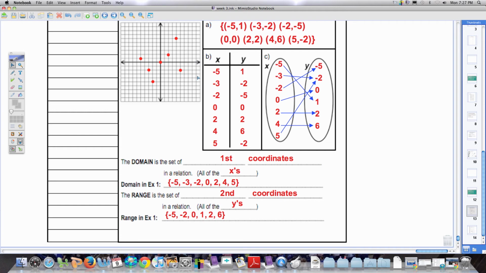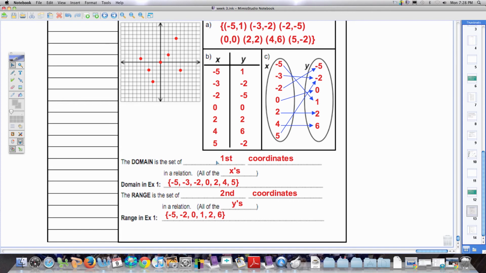So how do you represent that? Again, with our brackets, and then you just put in those x coordinates. So -5, -3, -2, 0, 2, 4, and 5. And if there was a coordinate that was in here twice, say we had two -3s right here, which we don't, but if we did, you just have to put it once.